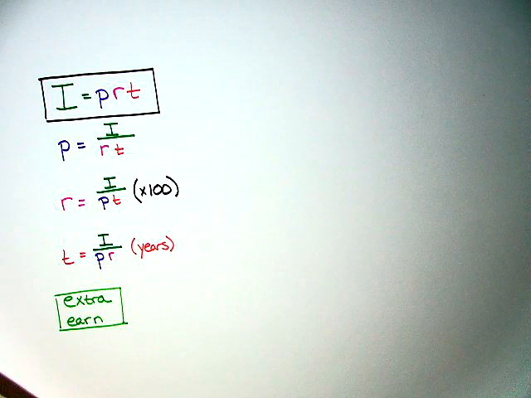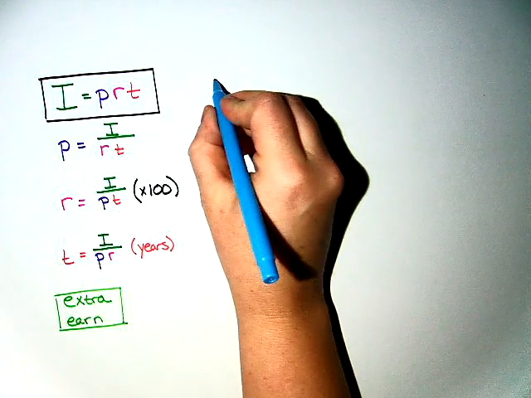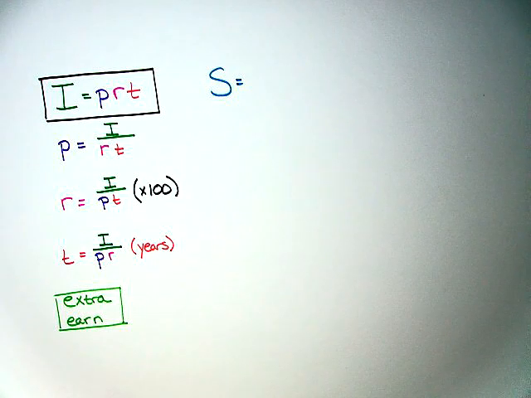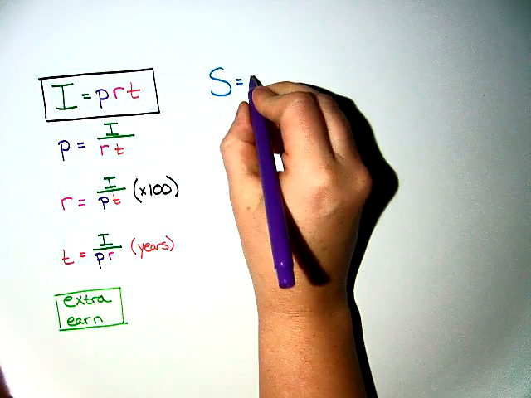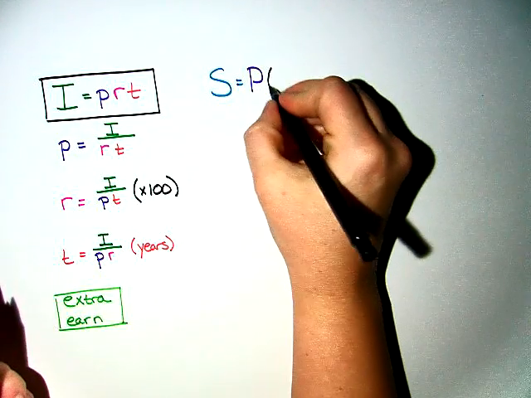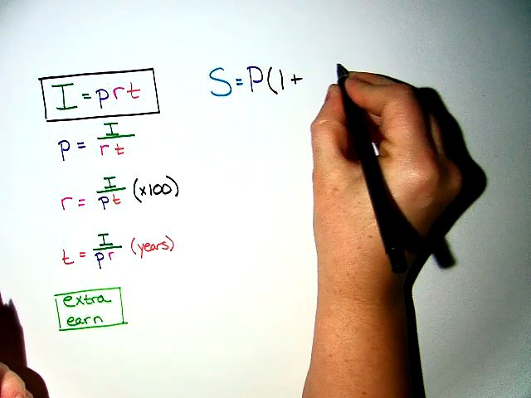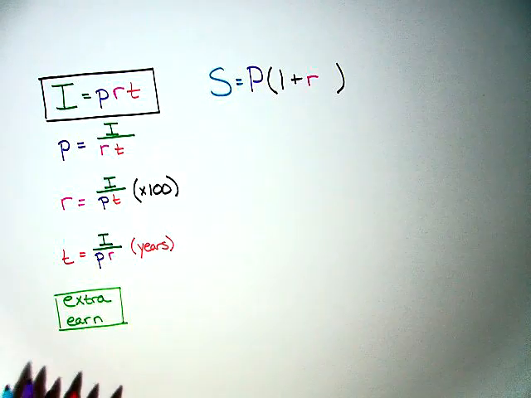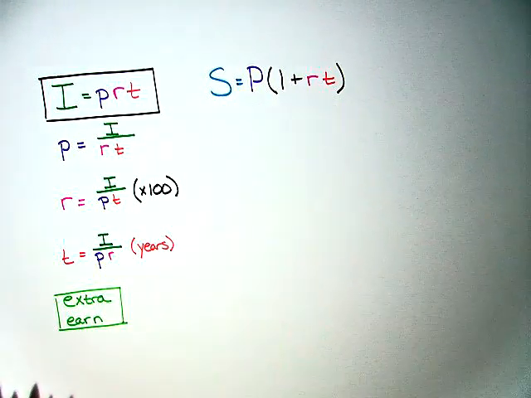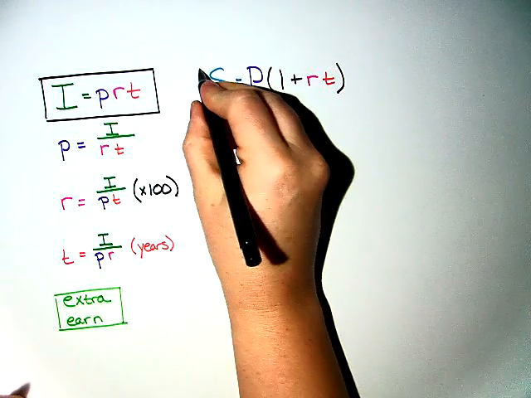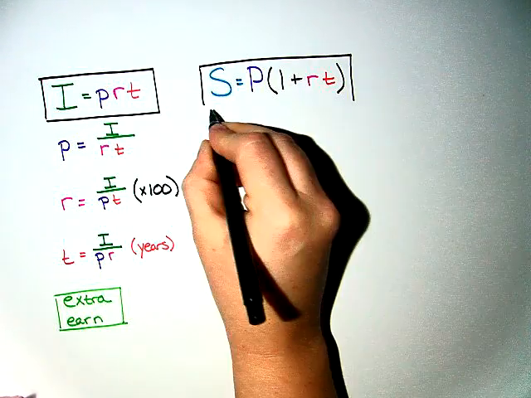Now the next formula that we're going to talk about is the summative formula, or the formula for the maturity value or the final amount. For the summative formula, you're going to get S equals your principal multiplied by 1 plus your rate as a percentage multiplied by your time in years. Just like the last one, this has three derivations.